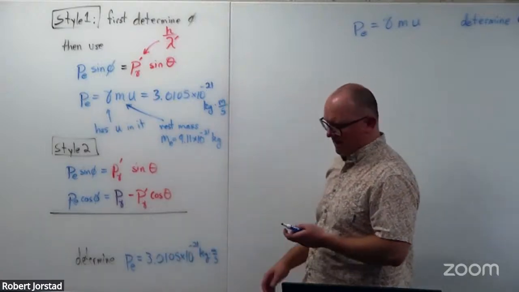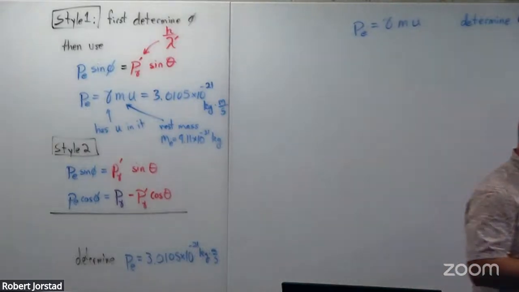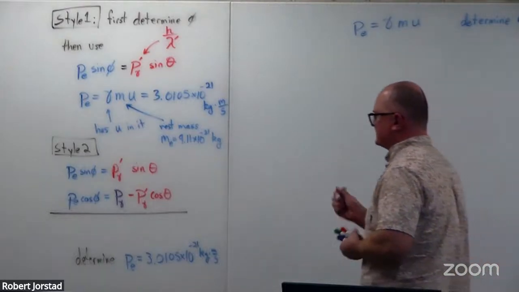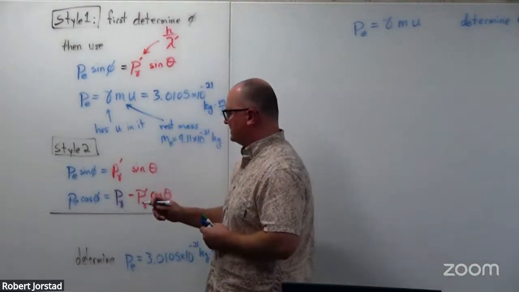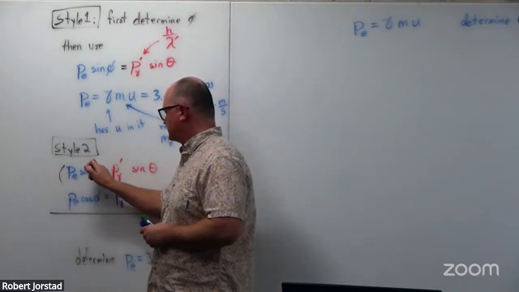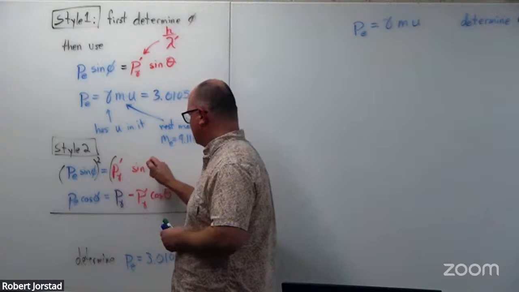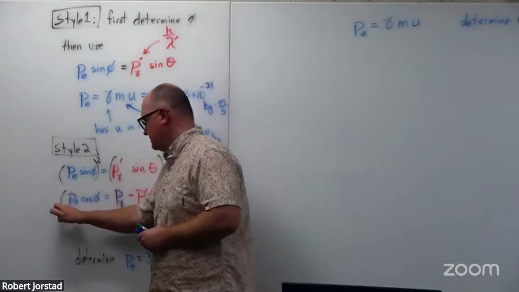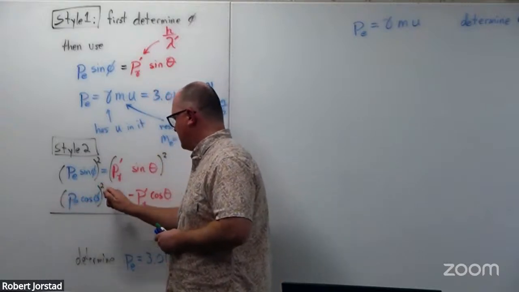Style 2, maybe you remember this from physics 1. This is actually the way I did it because I solved for the speed first, but I think solving for the angle first is easier. I'm just going to square every single term. You probably remember this from physics 1.